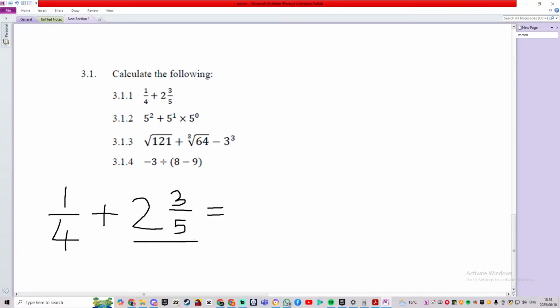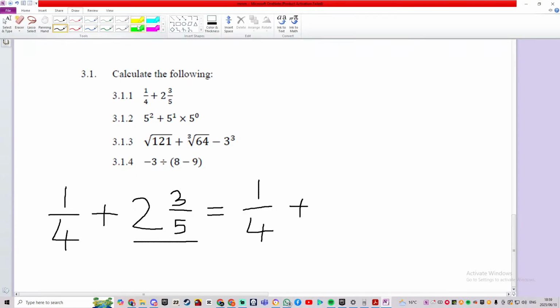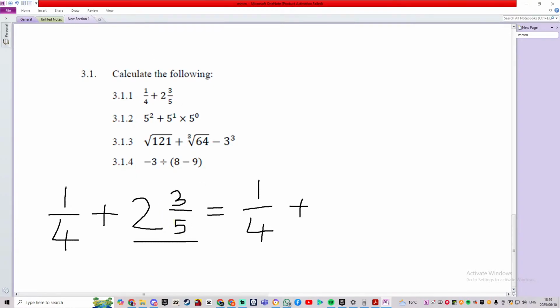How are we going to convert this mixed fraction to improper? Let me help you because you guys are not answering me. I'm going to have 1 over 4 which stays like that. Before you add, you first have to multiply.